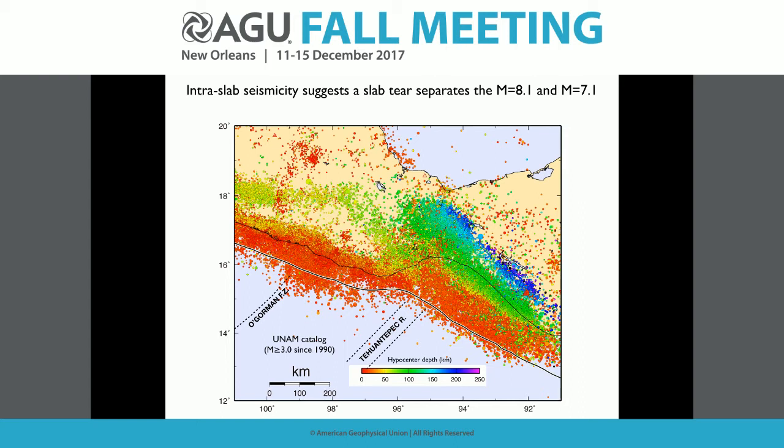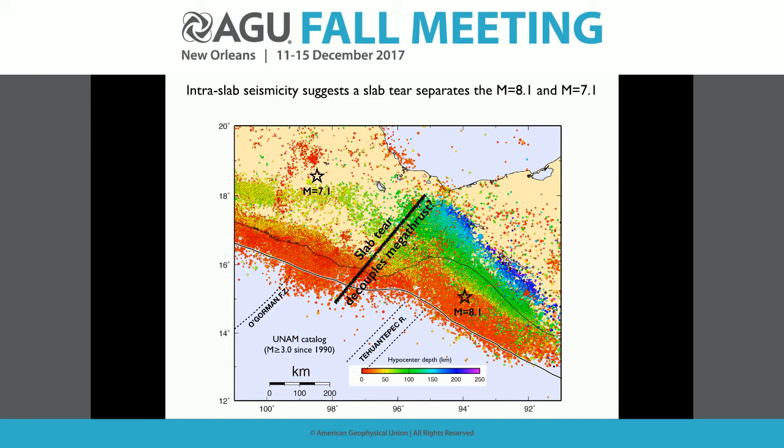But we would expect some kind of discontinuity here, which could be a product of the flat slab. One could expect a tear of the subducting slab, and that could also separate the western part of the flat slab from the simply dipping slab.